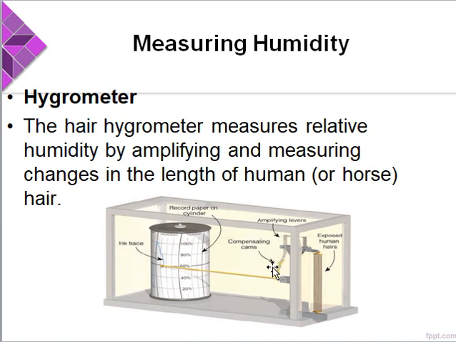A number of strands of hair with oils removed are attached to a system of levers. Because the hair hygrometer is not as accurate as the psychrometer, especially at very high and very low relative humidities and very low temperatures, it requires frequent calibration, principally in areas that experience large daily variations in relative humidity.